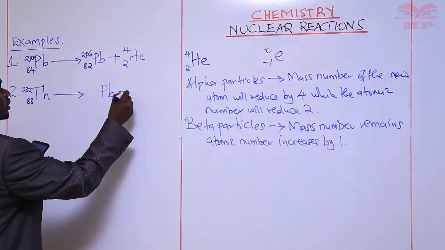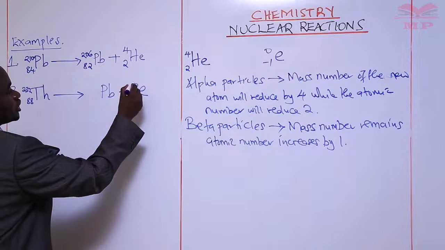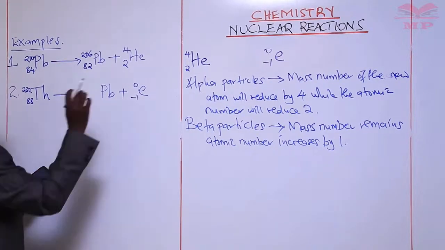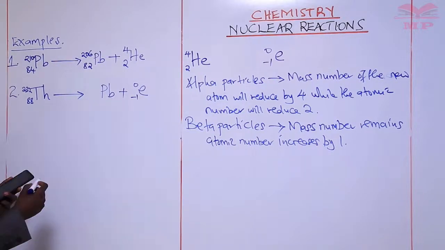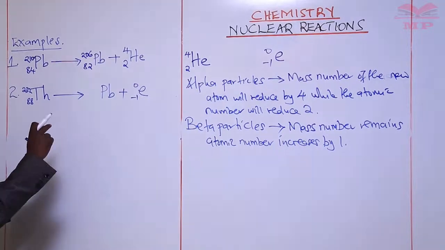Like that, and then in the process there is emission of a beta particle, which is represented in a nuclear equation with that. So the new particle will have an atomic number of what? Remember, we increase the atomic number by 1.